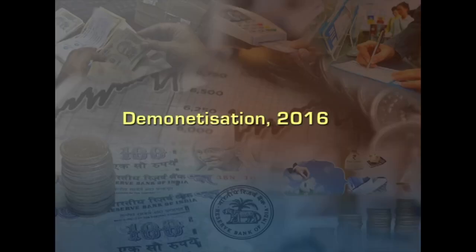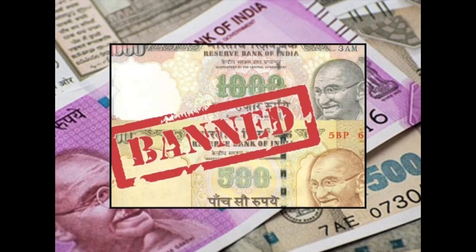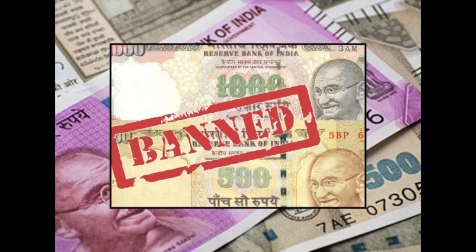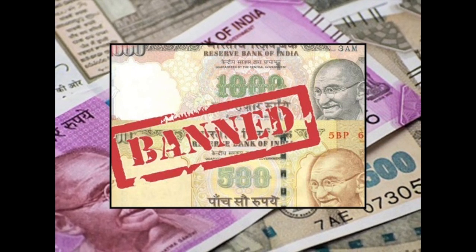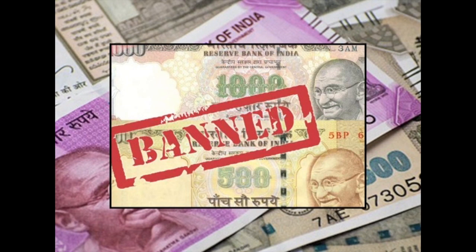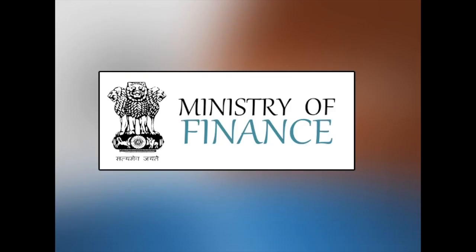Demonetization in the year 2016. On November 8, 2016, demonetization was effected in India through three legal instruments. The Ministry of Finance issued a Gazette notification, Ministry of Finance Notification 1, by which banknotes of denominations of the existing series of the value of 500 rupees and 1000 rupees ceased to be legal tender with effect from November 9, 2016.